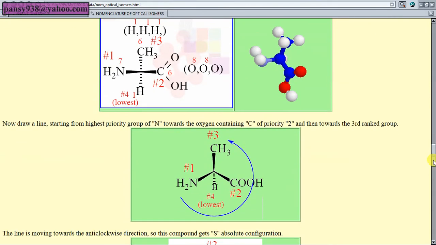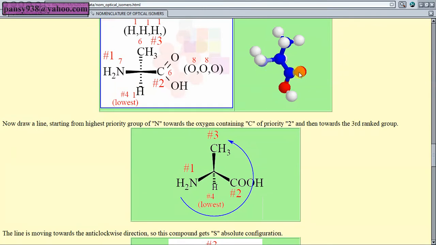You see that the hydrogen is represented by the dash, which means that it is behind, and thus there remain 3 groups except for hydrogen, which is in the backward direction. So now we have to assign priority. This is the nitrogen having most priority.